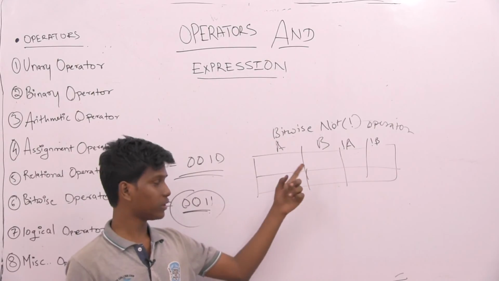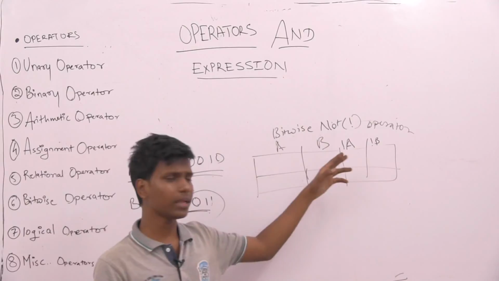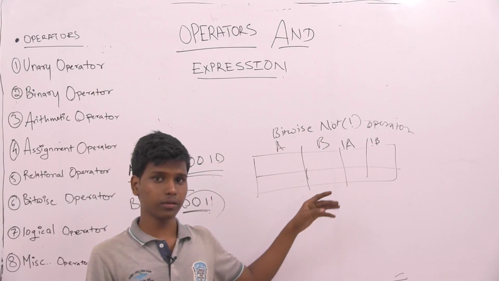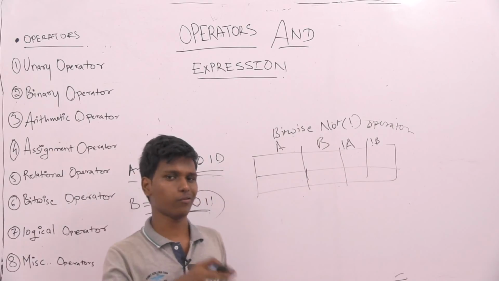It does only one thing: it inverts the boolean value. That is, if the boolean value is true, then it gives false, and if the value is false, then it gives true, and vice versa.